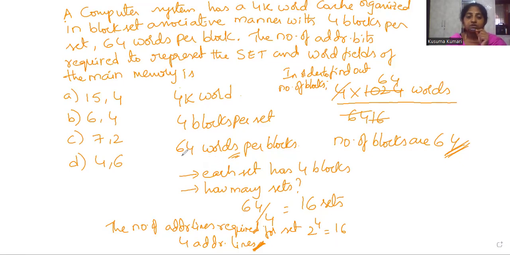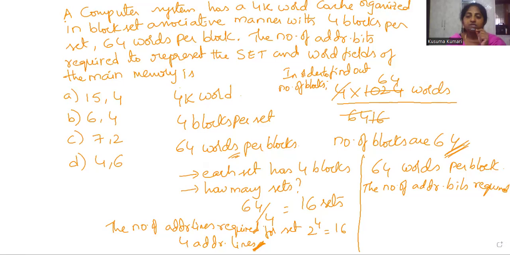Next, 64 words per block. So how many address bits are required per word representation?